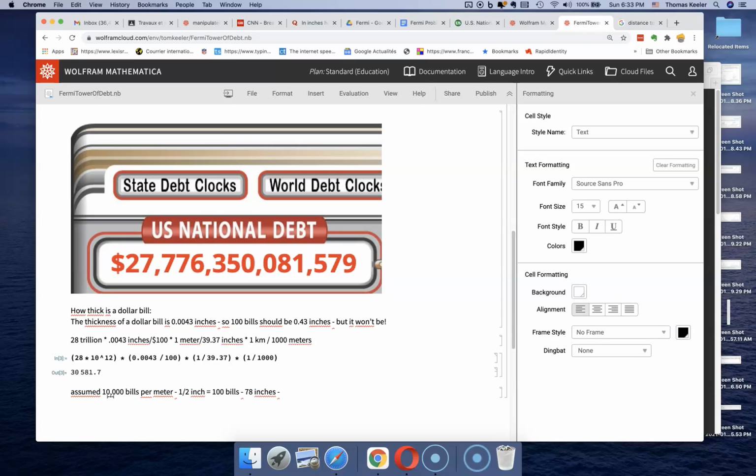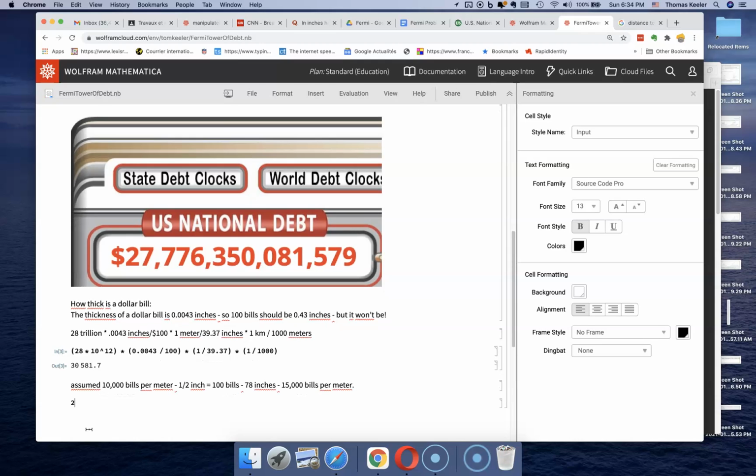So 78 inches, so 150, so 15,000 bills per meter. Okay, so 15,000 bills per meter. So maybe I've got some mistake in here. Let's try again, a little bit more.